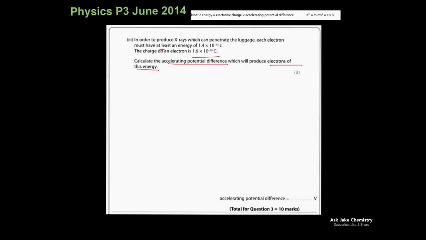You look in the beginning of your exam book, and it starts with this equation, which is half mv squared equals eV. So we know this is velocity, and this must be voltage then.